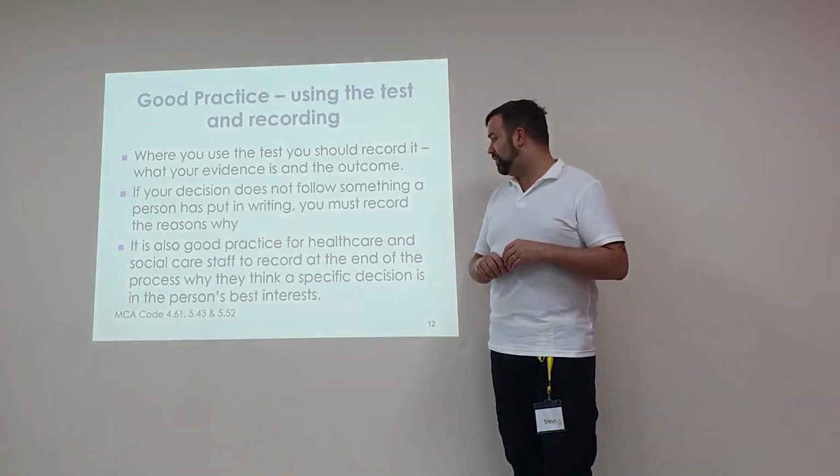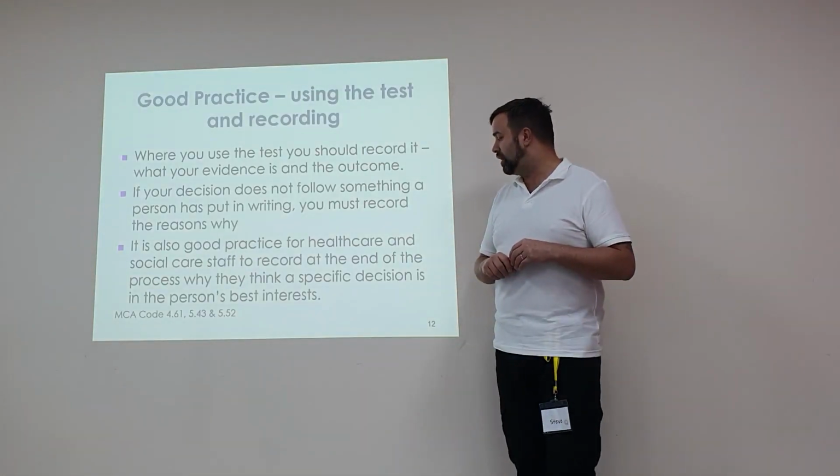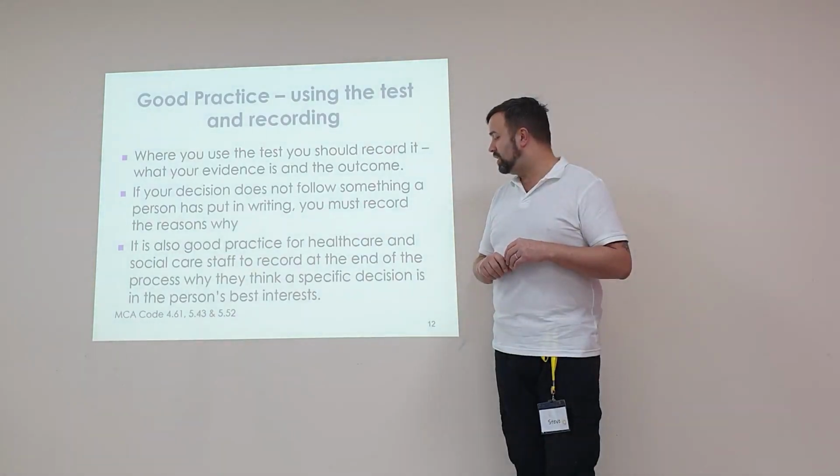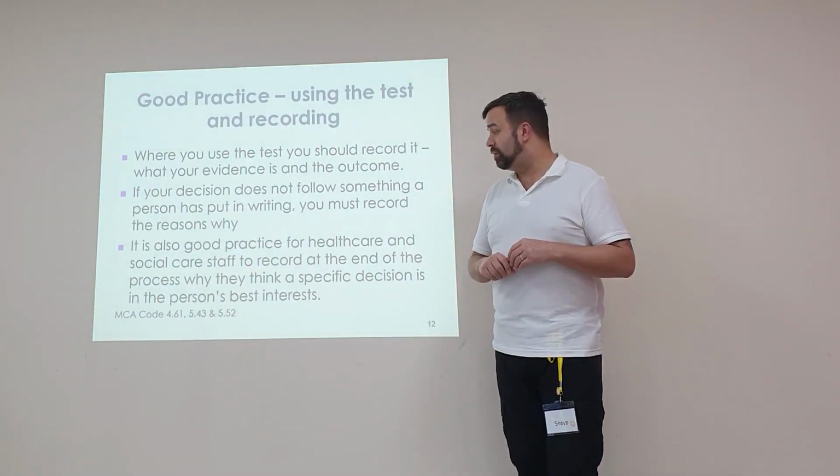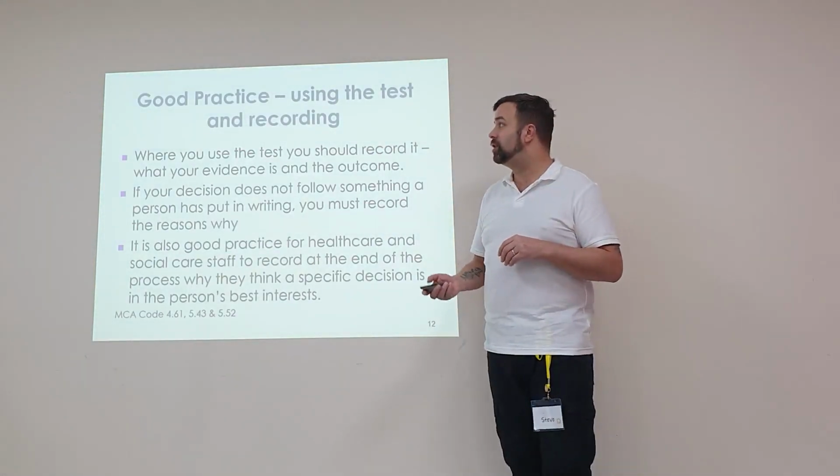It's also good practice for healthcare and social care staff to record, at the end of the process, why they think specific decisions about the person's capacity or best interest have been reached.